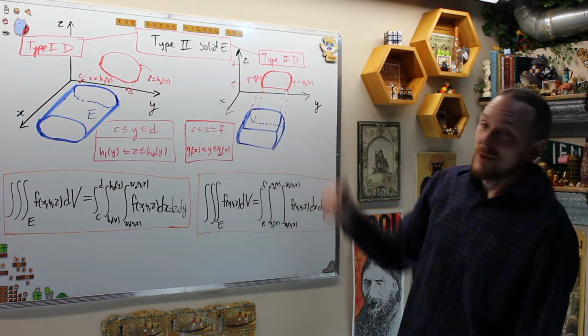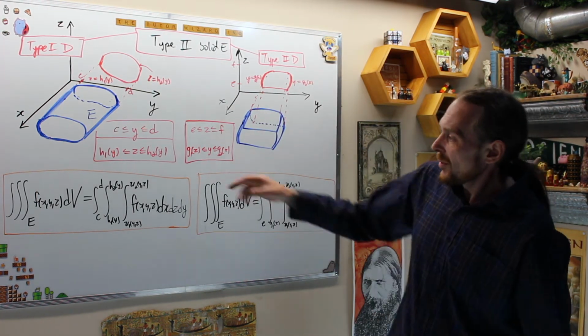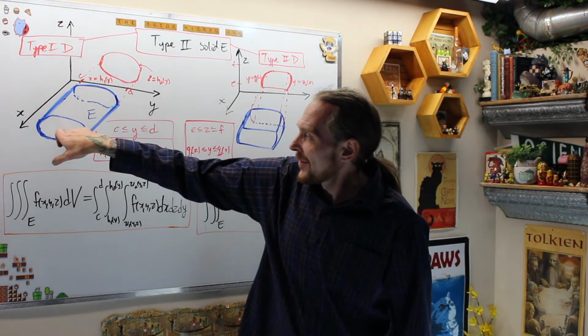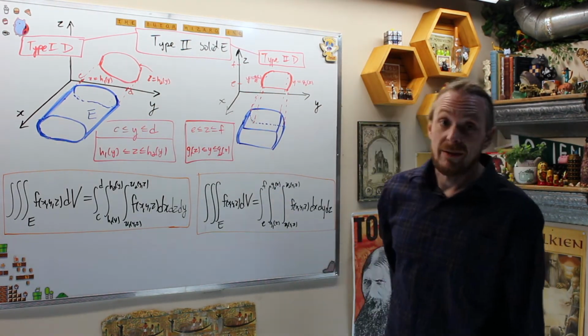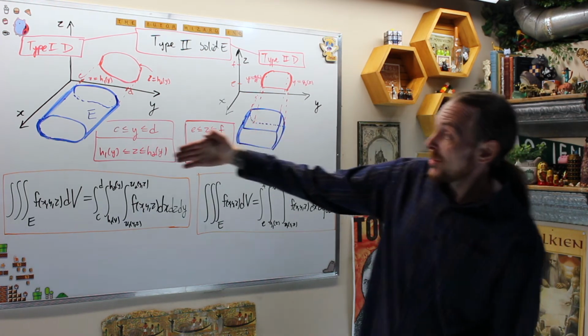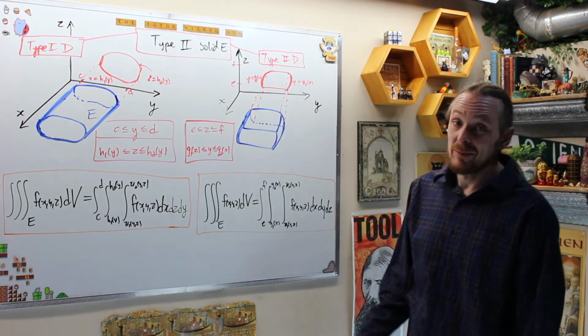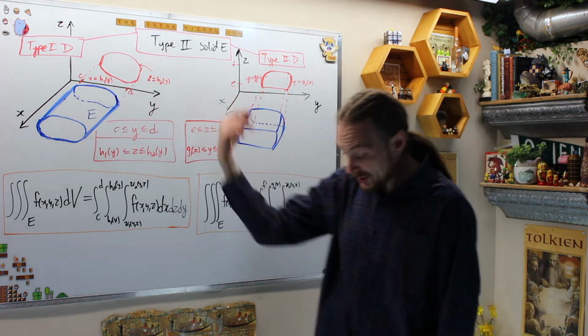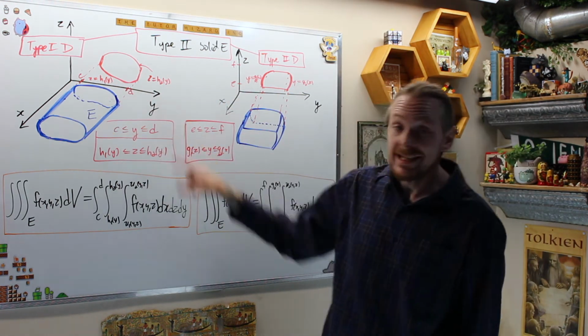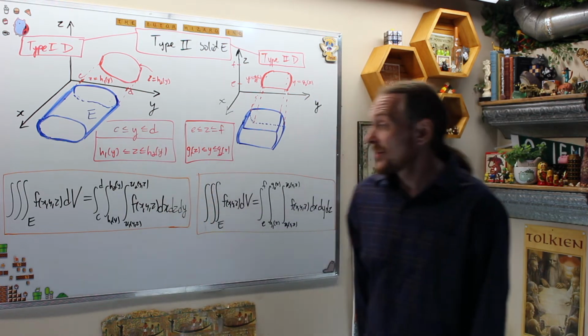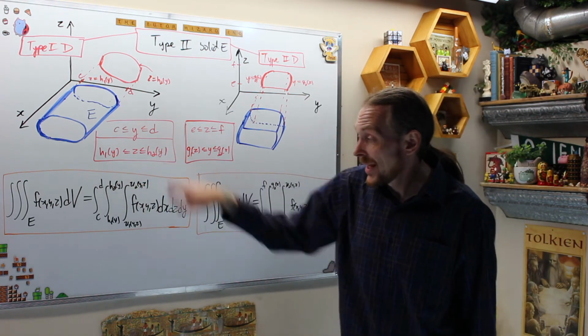For a type 2 solid E, again, we're viewing this as a front and a back face, or we have a function x, which is a function of y and z. Now in that projection into the yz plane this time, we can have a type 1 or type 2 region D. In the first type, y goes from c to d, and then z is two functions of y. It's going to go from h1 of y to h2 of y.